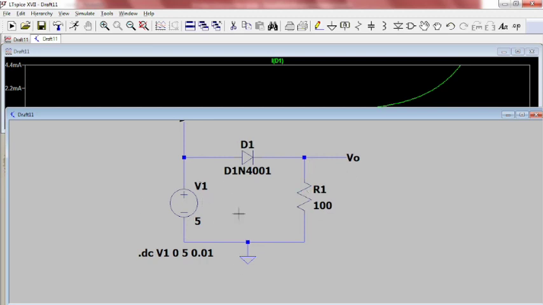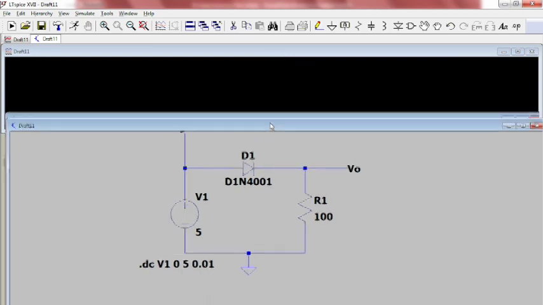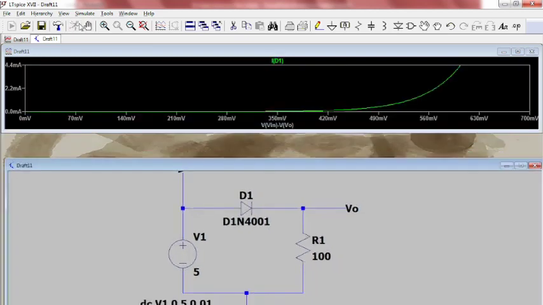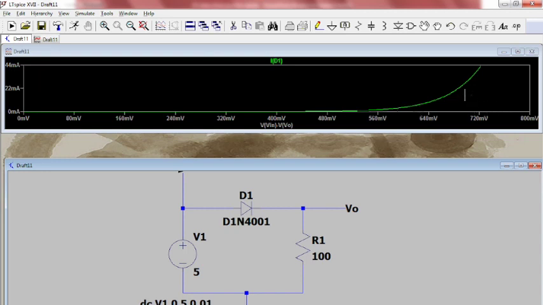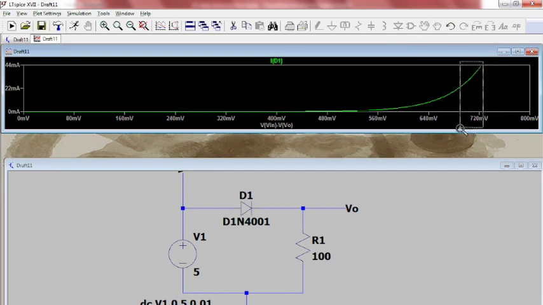Current flow through the circuit means current through the diode will also increase. So we can simulate once more. Here we got a maximum of 44 milliampere. Before it was 4.4. That means the current value increased, and the voltage across the diode also increased.